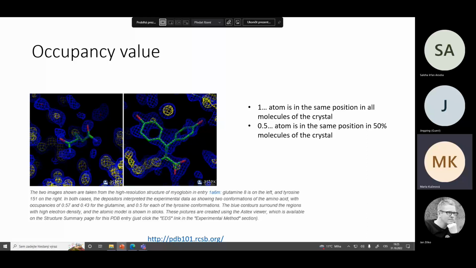If the occupancy factor is 0.5, you can see in the figure for glutamine or for tyrosine in the right figure, that it might be orientated either to left or right, and in case the occupancy value for this amino acid is 0.5, in 50% of the molecules of the crystal the tyrosine is orientated to the left, and in 50% to the right.